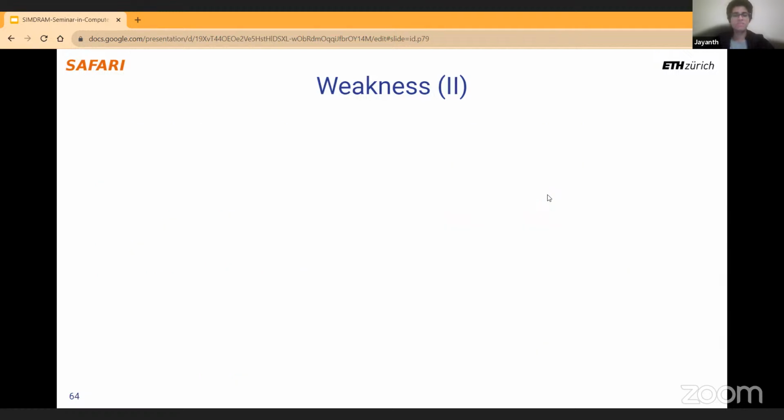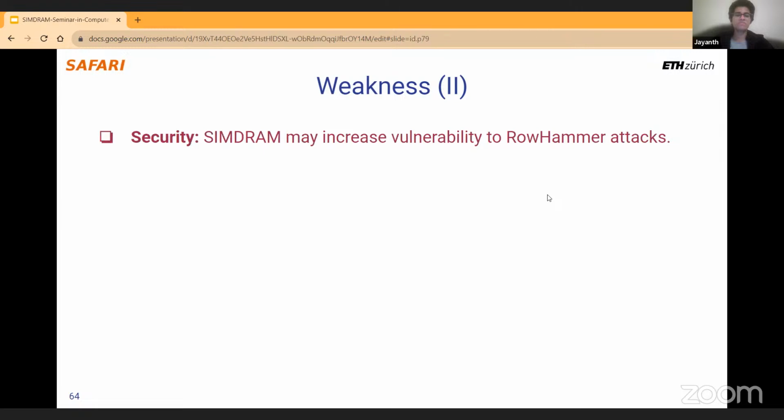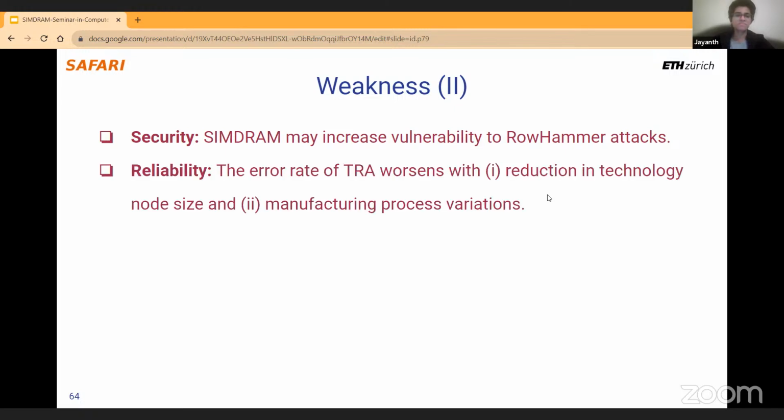Coming to some more weaknesses that the paper discusses, we have the security aspect. Security is an important issue with SIMDRAM, and it was mentioned that it may increase vulnerability to RowHammer attacks or RowHammer disturbance.